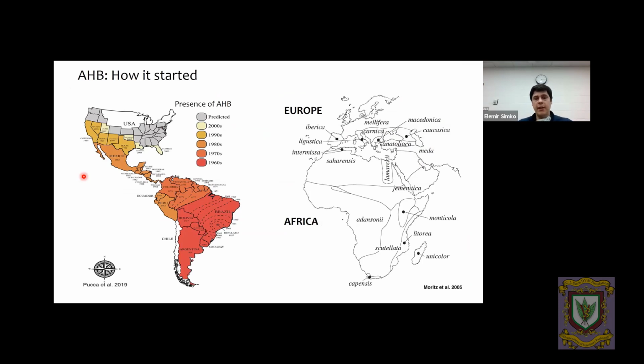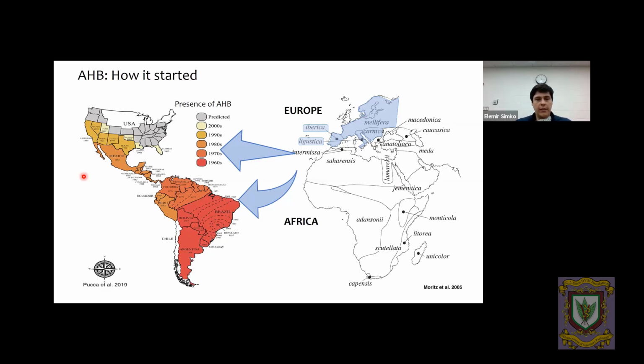So for centuries here in the American continent, we had only European bees. Those bees were introduced through immigration processes. The settlers brought their bees when they moved into the Americas. But in the late 50s, Brazil was facing a military dictatorship, and the government was willing to increase agricultural productivity of Brazil, and beekeeping was also a target for them.